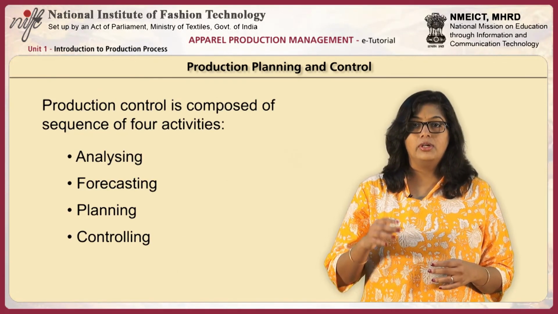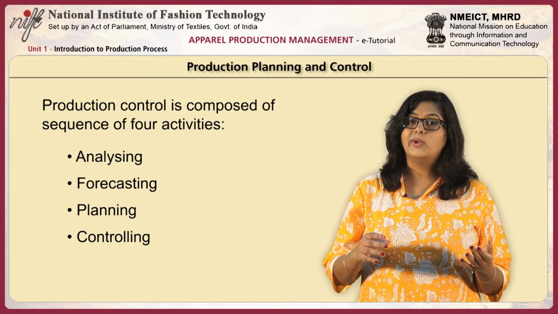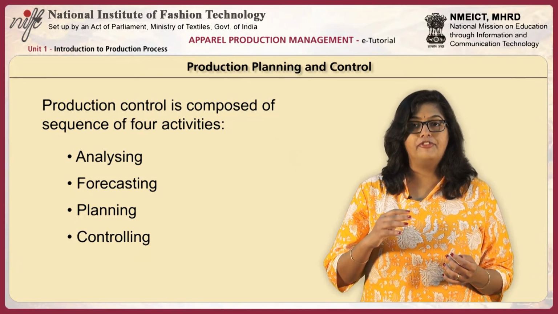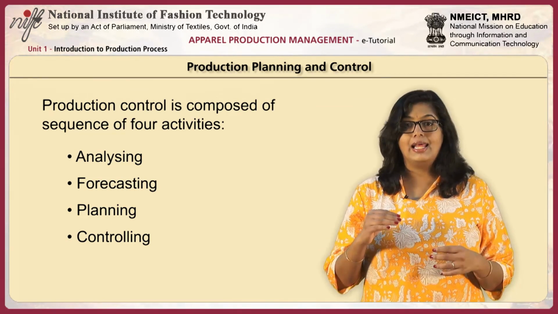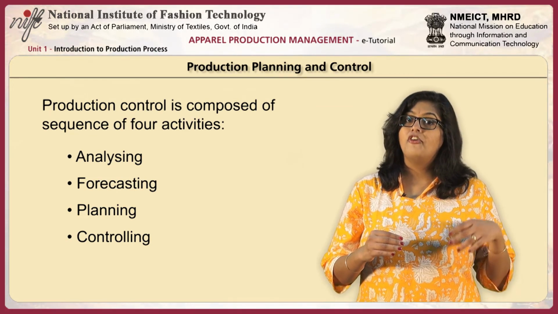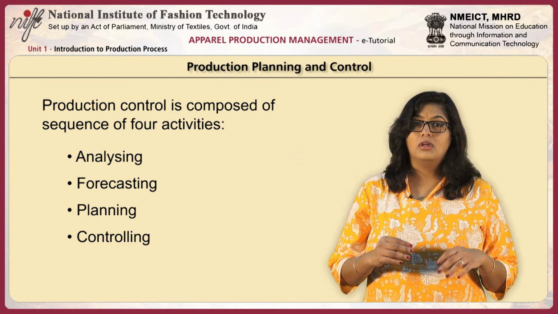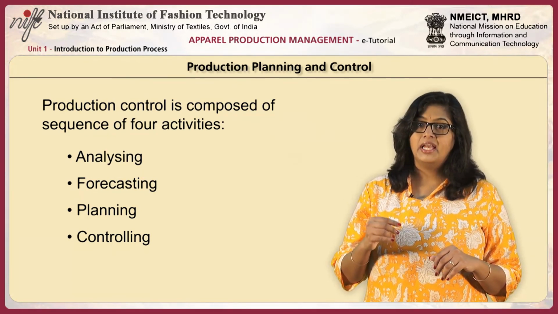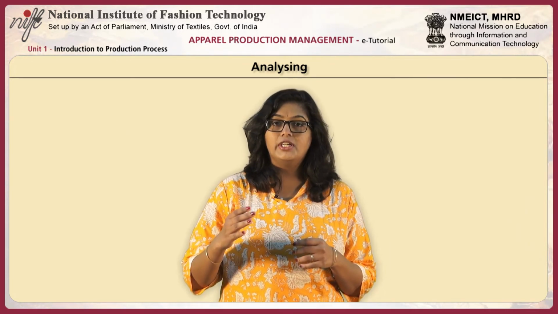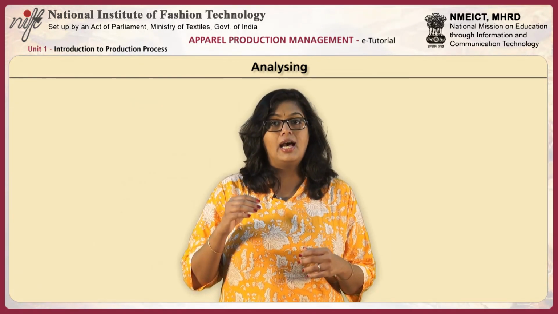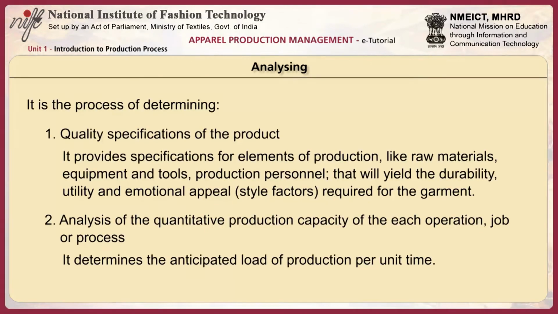Production control is composed of sequence of the following four activities. First comes analyzing, forecasting, planning, and controlling. Let us first try to understand analyzing. It is the process of determining quality specifications of the product.